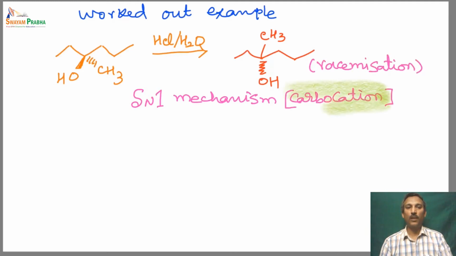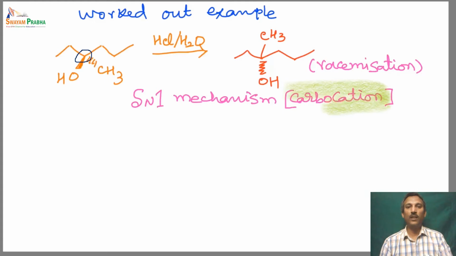Now you will be wondering, what is the leaving group and what is the nucleophile? In this particular case, the nucleophile and the leaving group are one and the same. So how do we know the reaction actually proceeds through racemization?